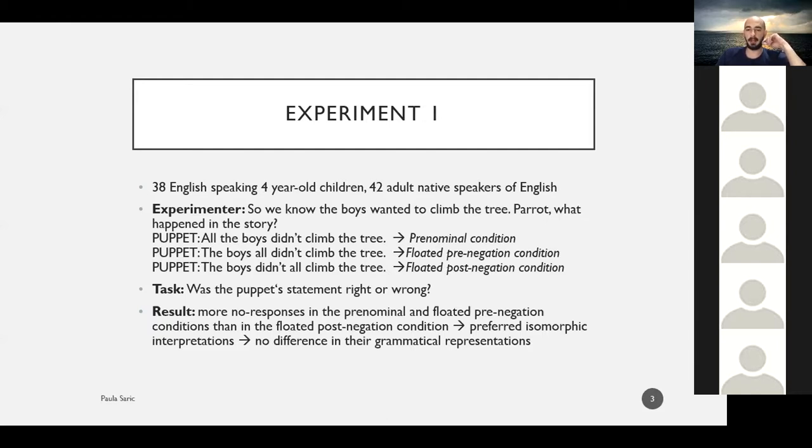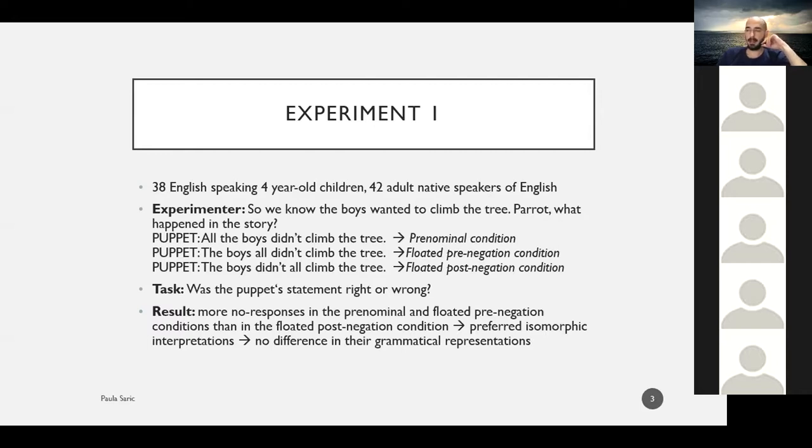So they showed a strong preference for what would be the isomorphic interpretation here, if you consider all taking narrower scope with respect to negation, right? So not all, but some. So the rate of universal negative interpretation dropped from 80% in the first two conditions to 20%, right?